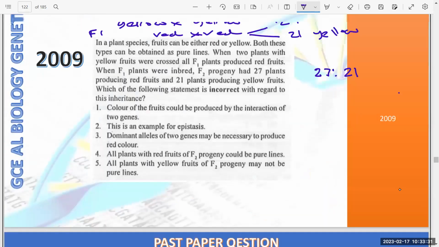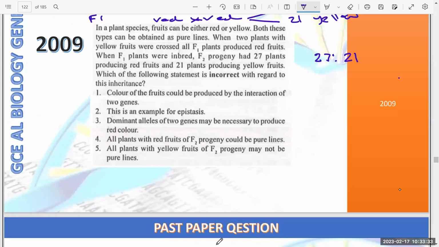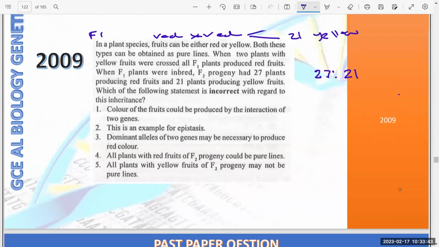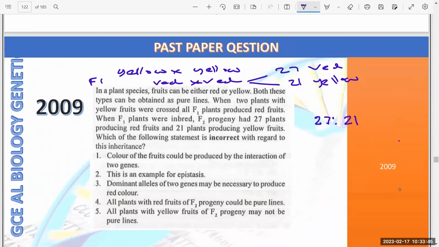Here they do not even fit into a 1:1 ratio, because 27 is very high compared to 21, so it doesn't fit. And the other thing is, we also wonder how, when you cross yellow and yellow, you get red, and when you cross red and red, you get red and yellow. Also, this is one phenotype.